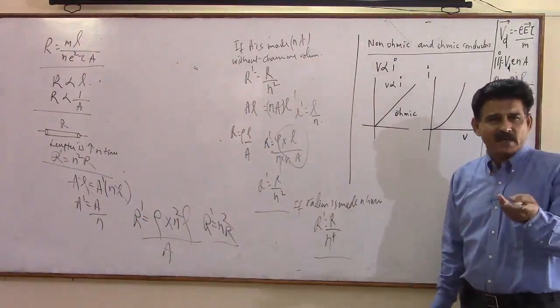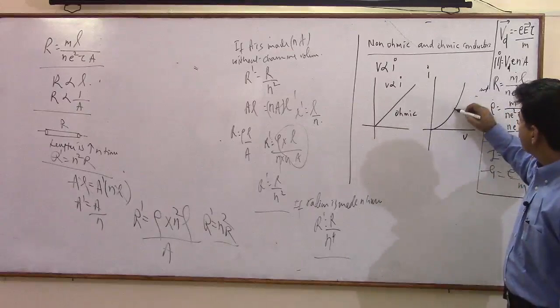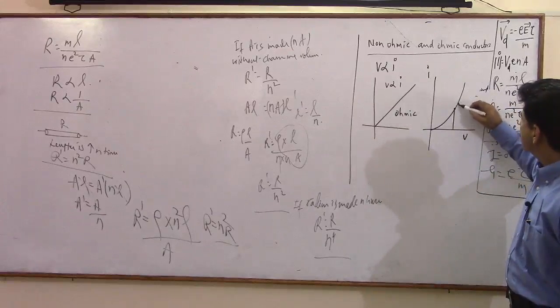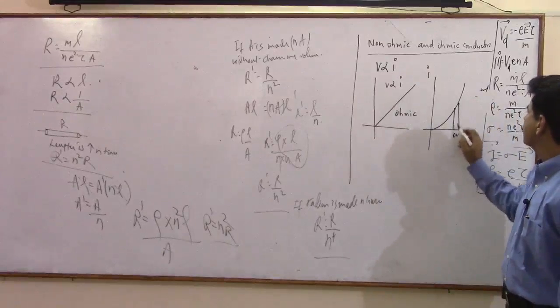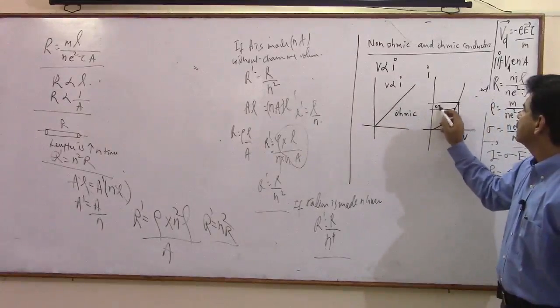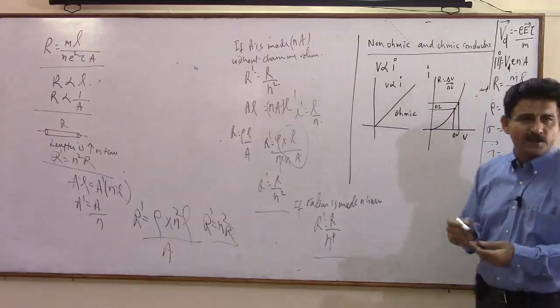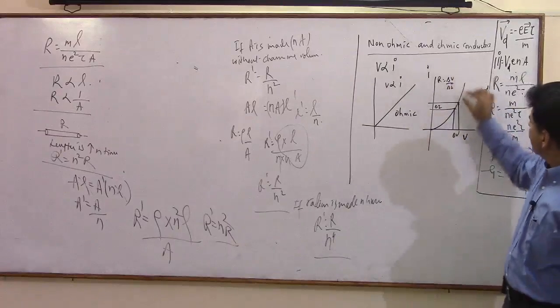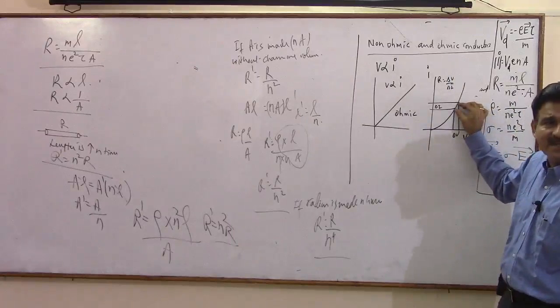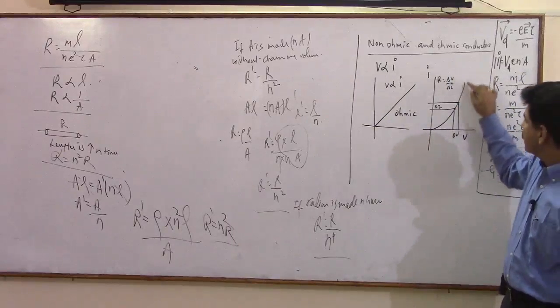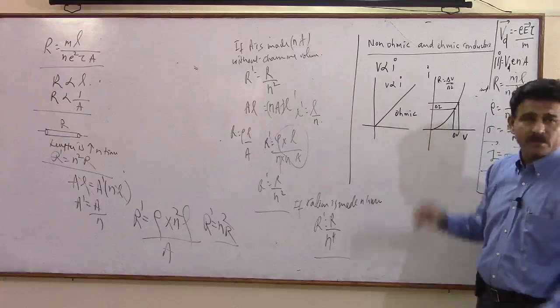लेकिन इसी आपका प्रैक्टिकल है, आप करते हैं, लेकिन यहां पर आपको कहा जाता है डायनामिक रेजिस्टेंस निकालो, तो आप क्या करते हैं, डेल्टा V बाय डेल्टा I, यहां से क्या लिखते हो, R is equal to डेल्टा V बाय डेल्टा I. ये भी तो ओम्स लॉ है, but Ohm's law is valid for this small section which can be taken as a straight line, but it is not valid for the whole range of operation, right?